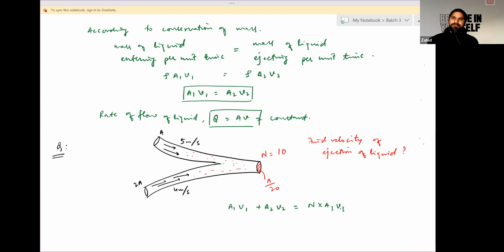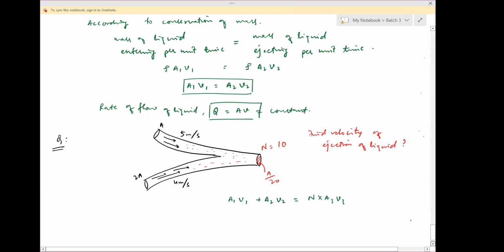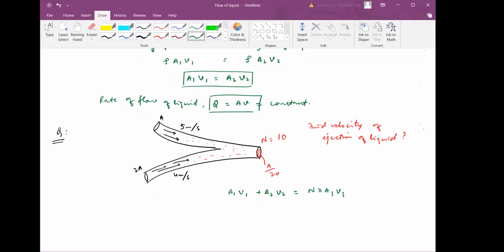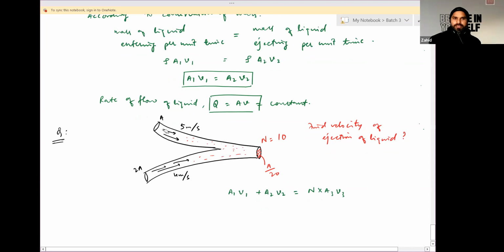Atif, is it clear? Then can you please explain it again? Yes. Okay. On the left side we have two different arms, in which liquid is flowing towards the right side. So both these arms have liquid flowing in the same direction. So the total amount of liquid entering this tube will be the sum of these two terms.